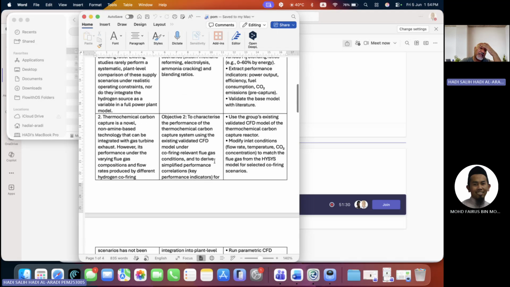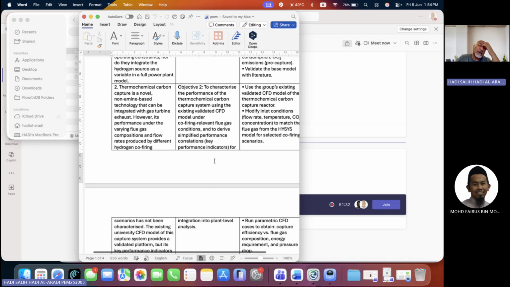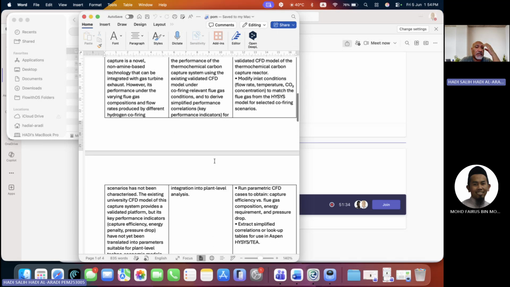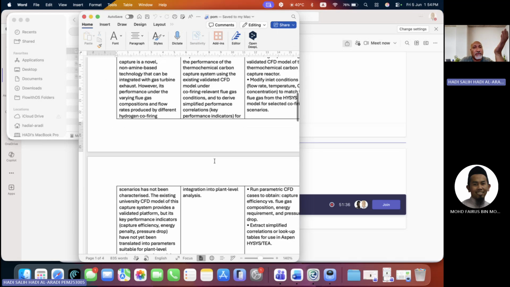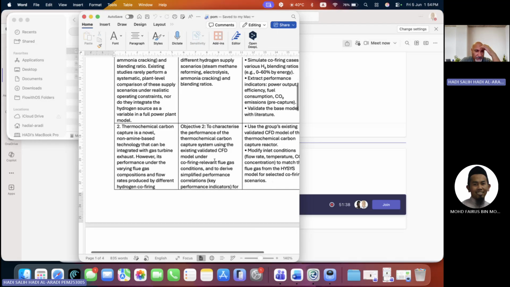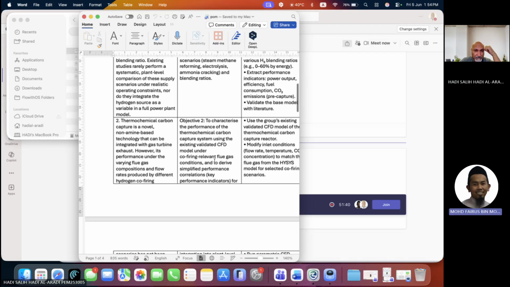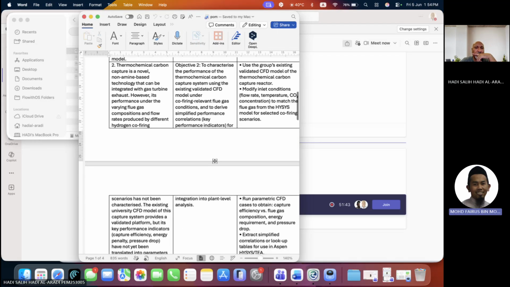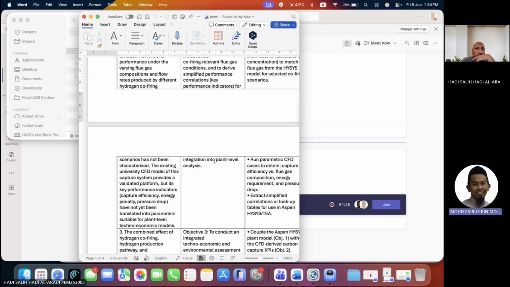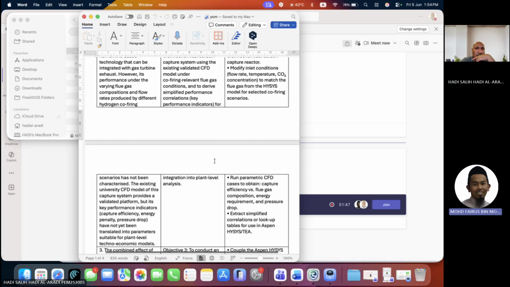I'm expecting that there is also a relation between objective three and objective two or objective one, right? Yes, exactly. There should be some relationship, otherwise they cannot be combined into one single project. You're right.